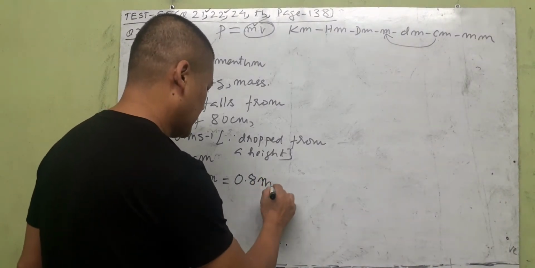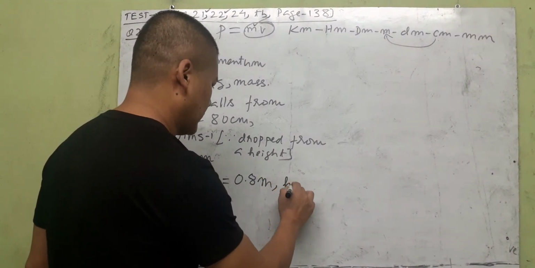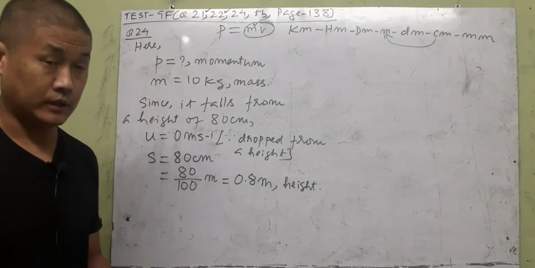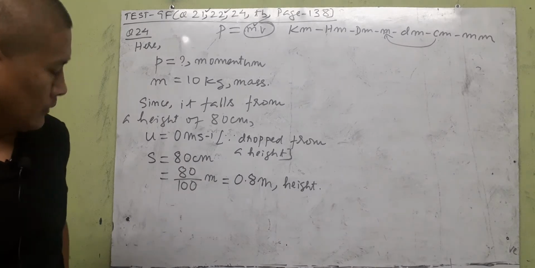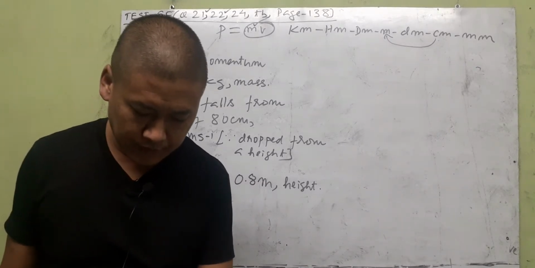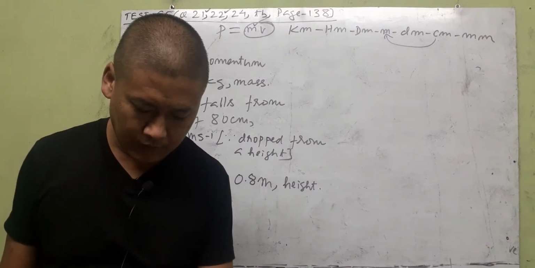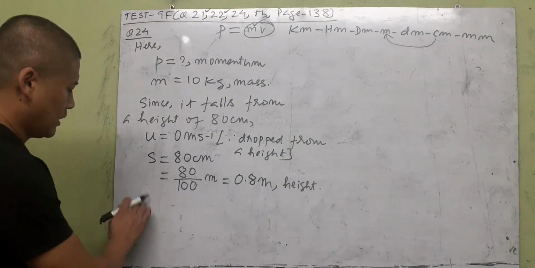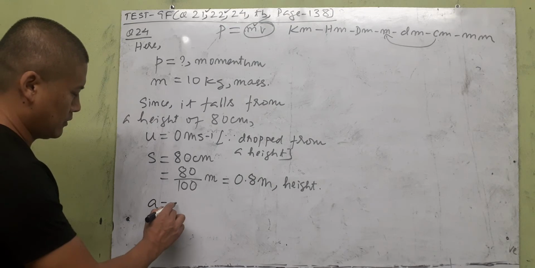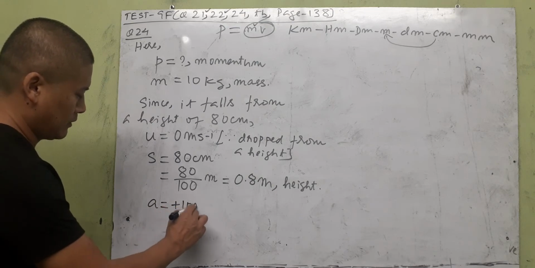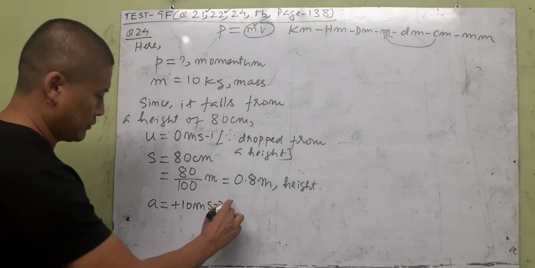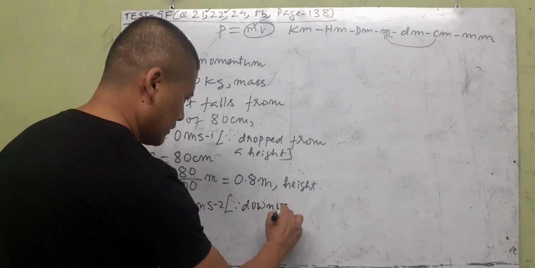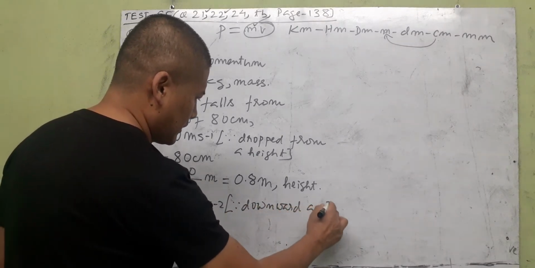Meter is the height from where it is dropped, or the distance. Height and distance are the same. Then that is given. Let's go and see. Take its downward acceleration to be 10 meter per second square. So A is equal to plus 10 meter per second square, since it is downward acceleration.